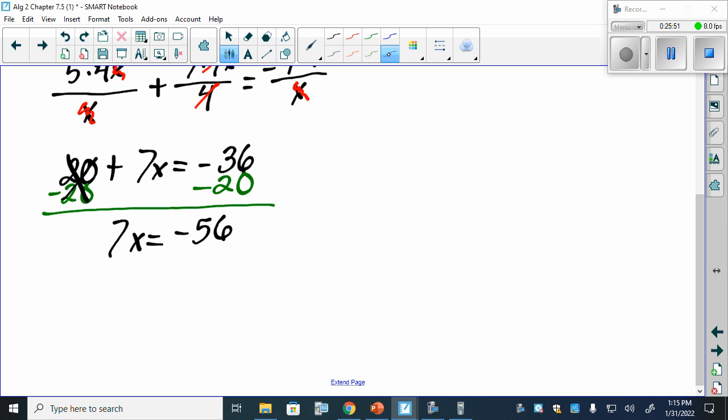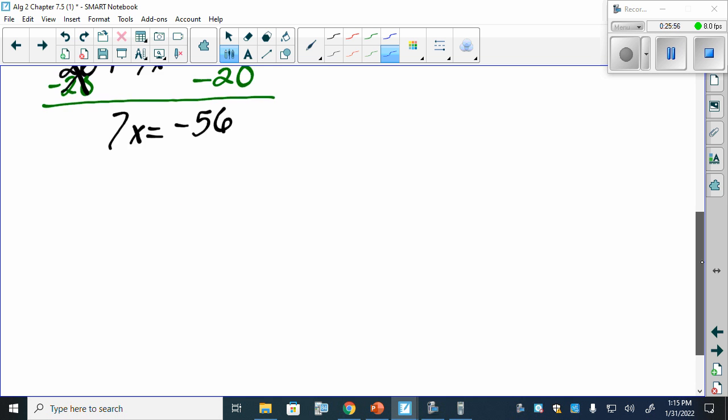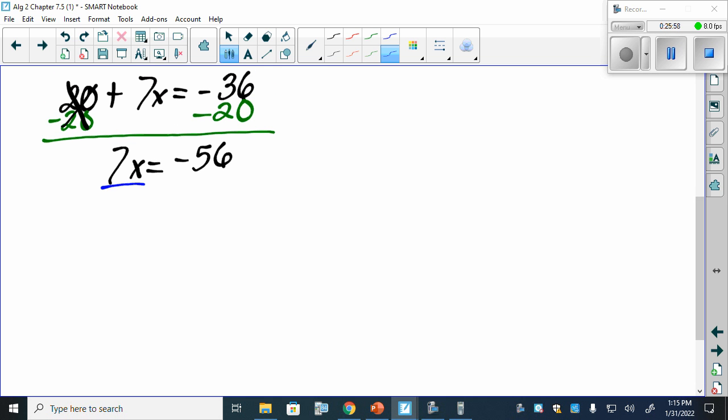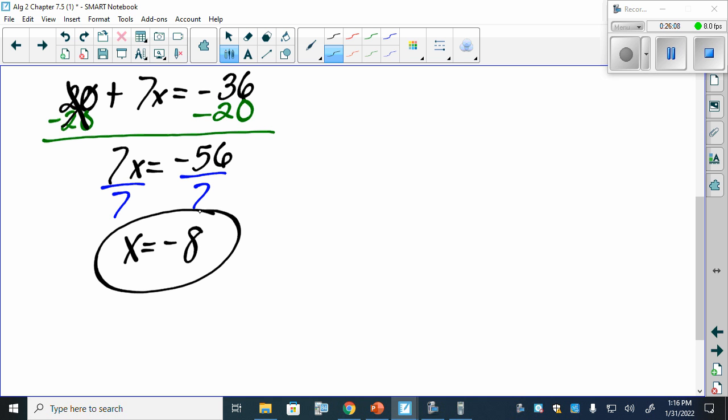And last but not least, we would divide both sides by 7, which would tell us that x is equal to negative 8. And that's all we have to do for these here. Any questions on anything we've done so far? We ready for the next one?